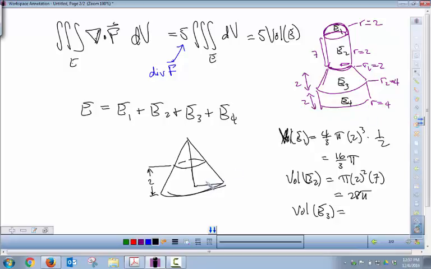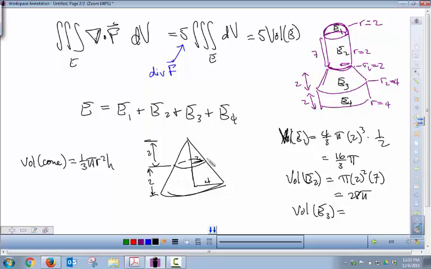And we know this goes from a radius of 4 to 2. So would this be another 2 units up here? Is that correct? Am I doing my geometry right? So the big cone is essentially a height of 4 and radius of 4. What's the volume of a cone? 1/3 pi r squared h is the volume of a cone.